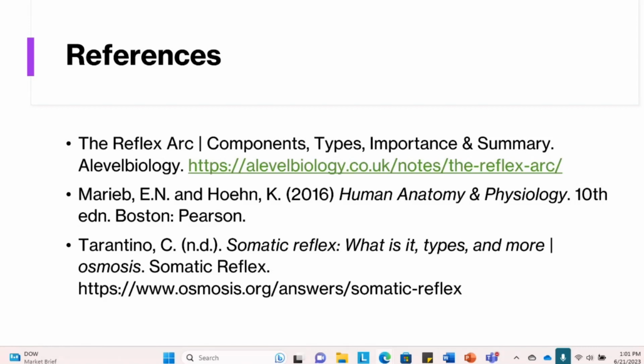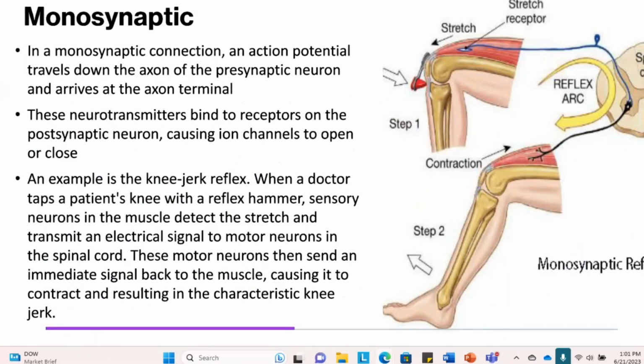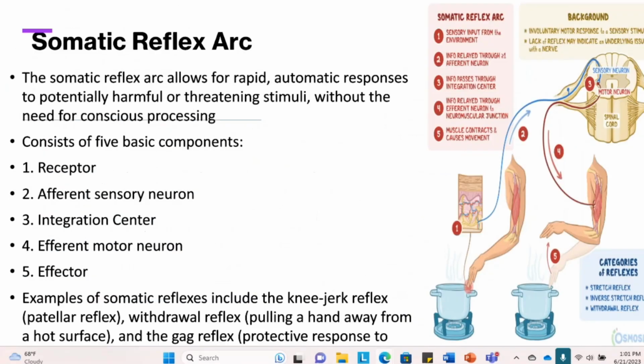I remember that you mentioned during the presentation that the reflex arc could be monosynaptic, polysynaptic, and somatic. I want you, in short words, to say what a somatic reflex means, for example. I know that you have the slides, but I want a summary.